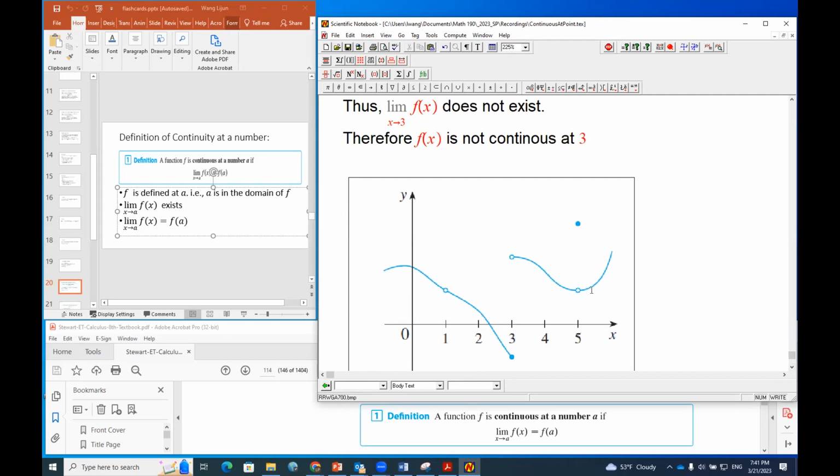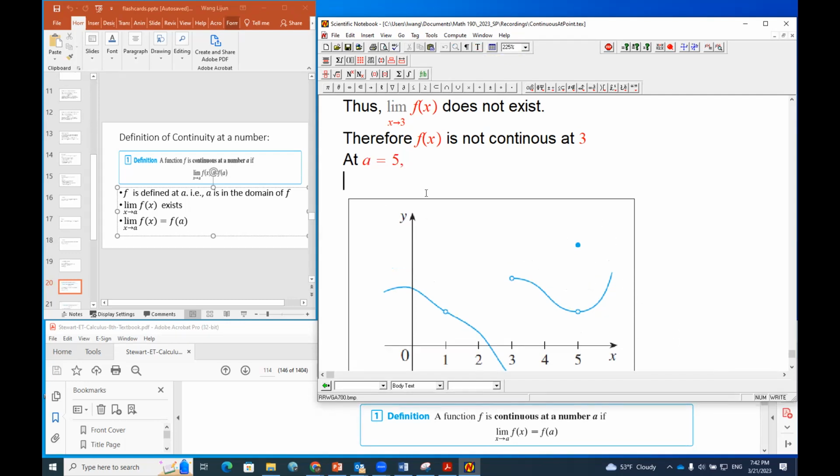Okay, the third case at 5, at a equals to 5. Well, obviously f is defined at 5, right? If we draw a vertical line, it crosses 5, it crosses this point. So f of 5 exists, is defined. That's good.